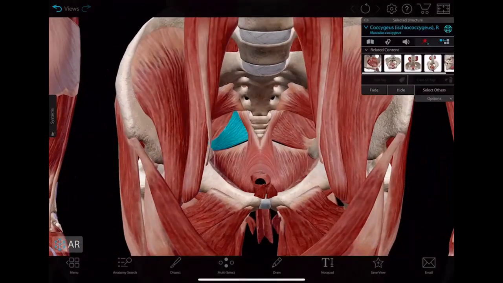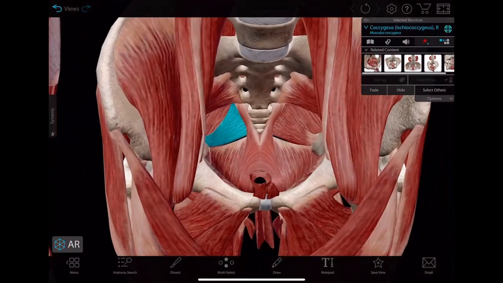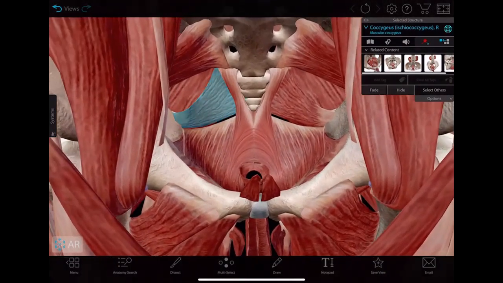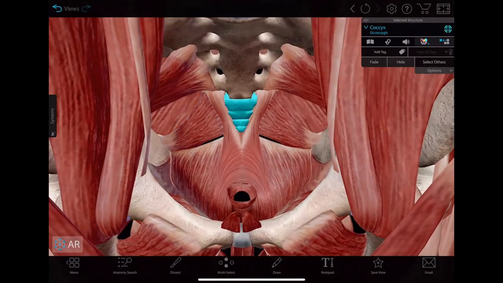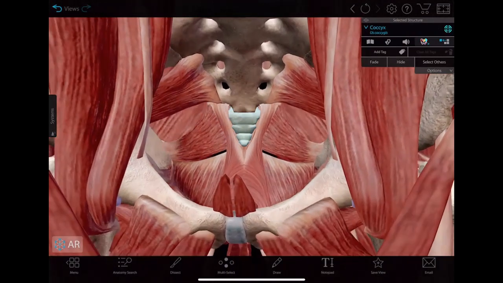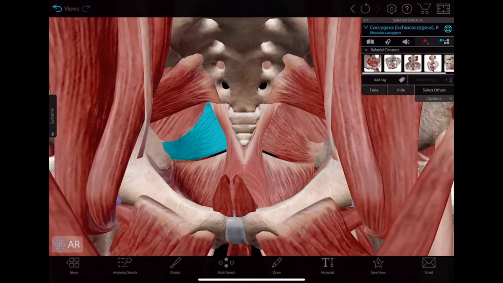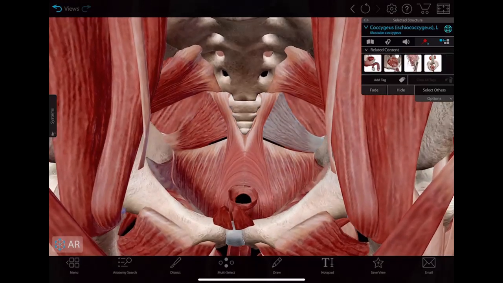So you see, these are the muscles, right? This is the sacrum, right? And this is the coccygeus, that is the coccygeus muscle.